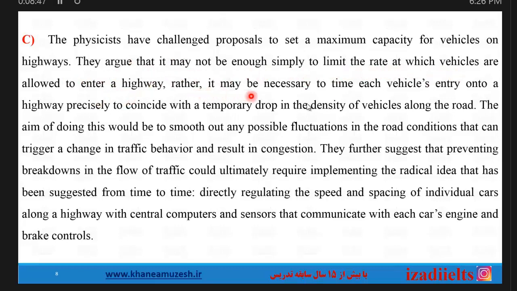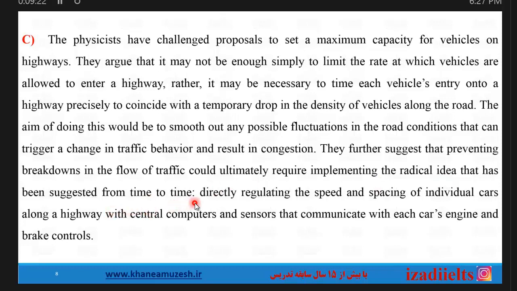Rather, it may be necessary to time each vehicle's entry onto a highway precisely to coincide with a temporary drop in the density of vehicles along the road. The aim of doing this would be to smooth out any possible fluctuations in the road conditions that can trigger a change in traffic behavior and result in congestion. They further suggest that preventing breakdowns in the flow of traffic could ultimately require implementing the radical idea that has been suggested from time to time.